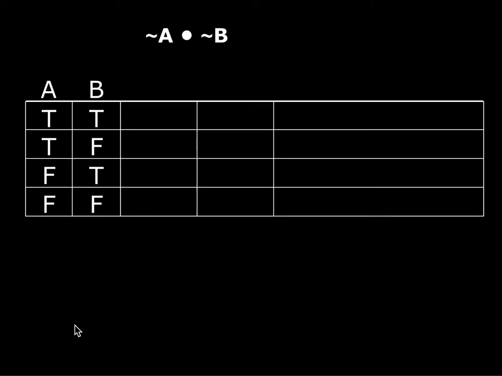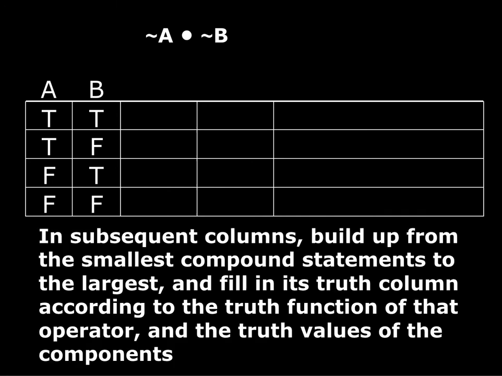Okay, so now let's go back to the truth table we're actually doing, this one for not A and not B. We've done the first part. We filled out the truth columns for the atomic statements. Now what we want to do is build up from the smallest compound statements, we've already got the atomic statements, to the largest compound statement, which is the overall statement we're doing the truth table for.